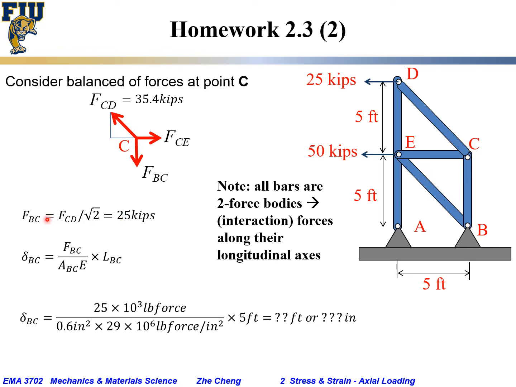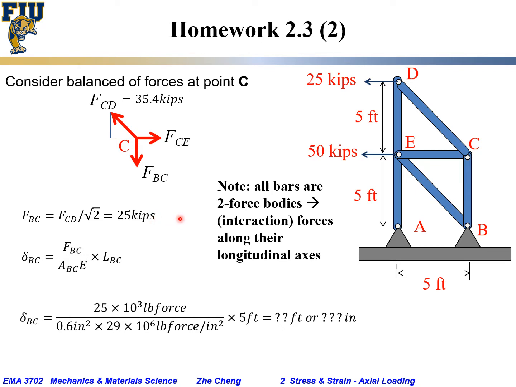FBC would be FCD, this force, divided by square root of 2. If we plug in the number from previously, we would get FBC of also 25 kips, 25,000 pounds of force.